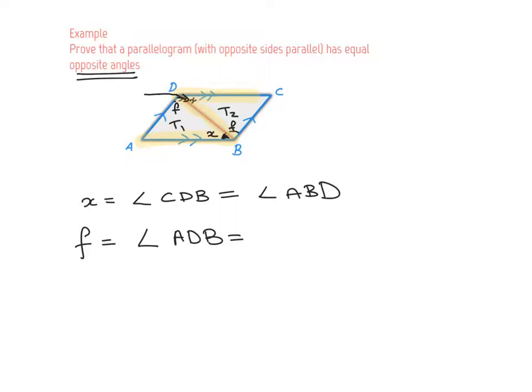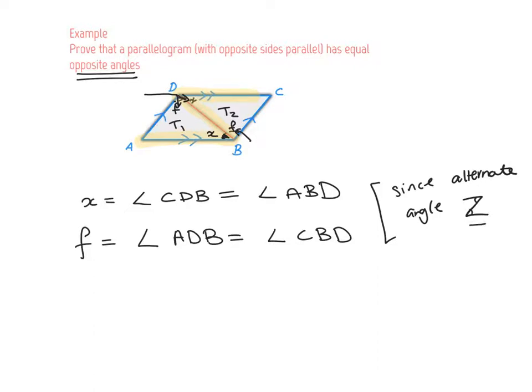So this F over here is the same as this F over here using the alternate angle rules again. So that's CBD. And over here I'm just going to write since alternate angle. Remember, alternate angle was when we have a Z. These interior angles are the same. That's what alternate angles are.